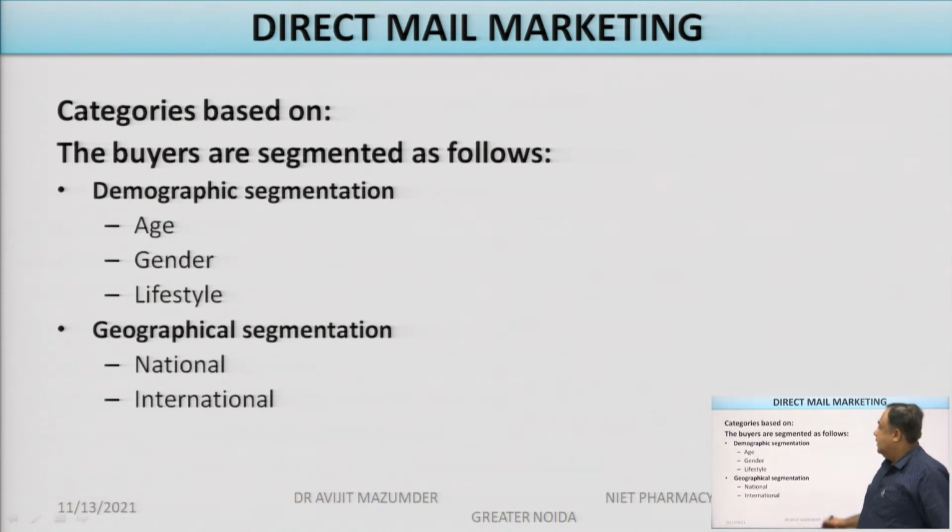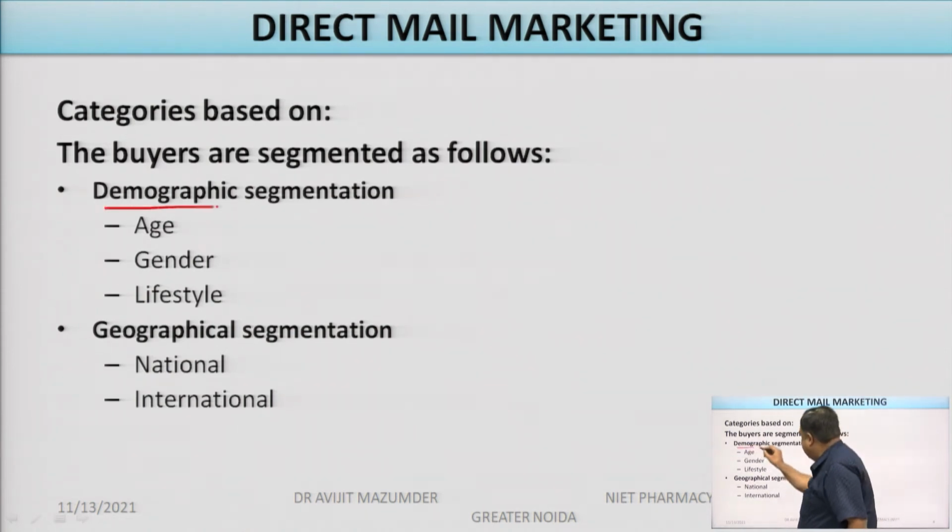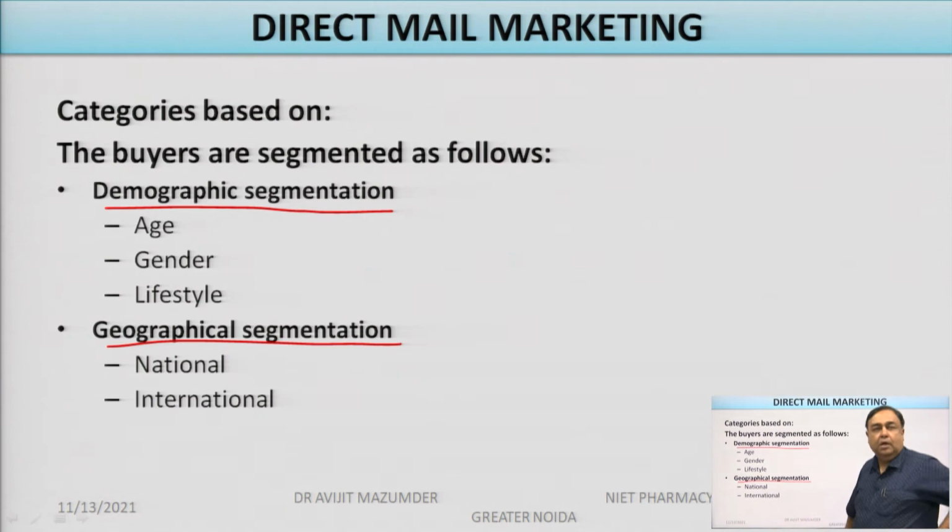What are they? First is demographic segmentation and the second is geographic segmentation. These are the two basic criteria on which the buyers are segmented.